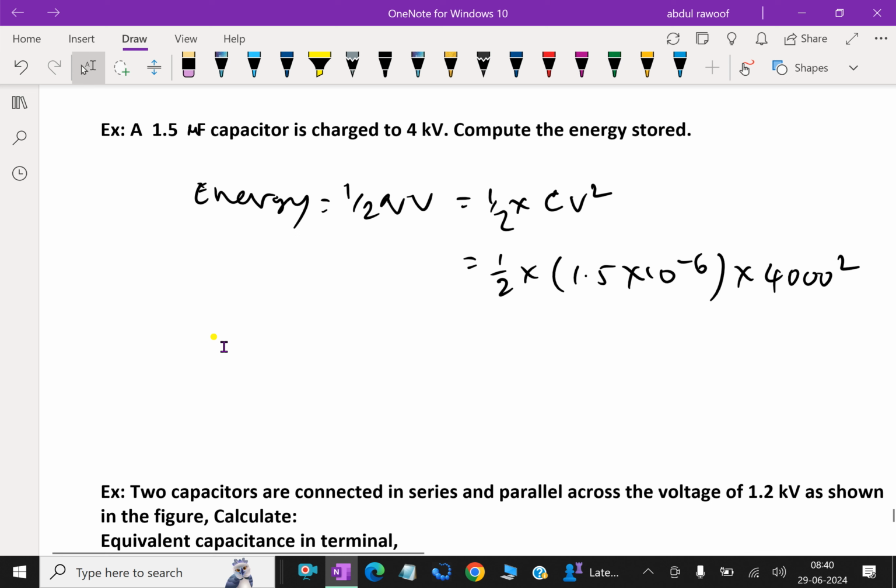which is equal to 1.5 into 4000 into 4000 divided by 2, which is equal to 12 joules.